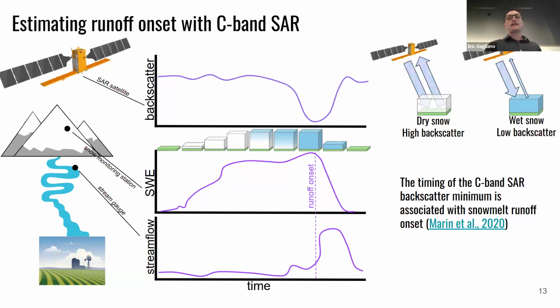So this is going to help us delineate between different snowmelt phases. We're primarily interested in snowmelt runoff onset, which is, again, when the snowpack has warmed and any additional energy will go into melting the snow, so water leaving the snowpack. So we're going to be using this method to map runoff onset globally.